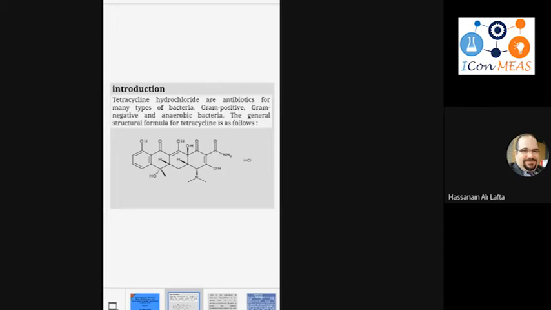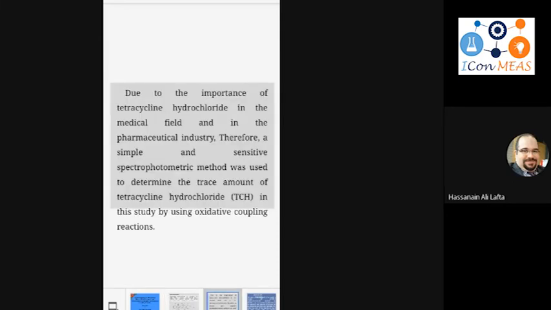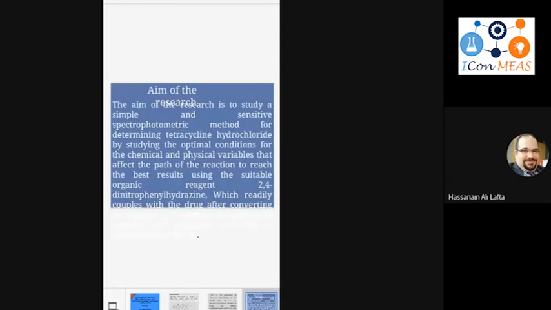The general structural formula for tetracycline is as follows in the scheme. Due to the importance of tetracycline hydrochloride in the medical field and in the pharmaceutical industry, a simple and sensitive spectrophotometric method was used to determine trace amounts of tetracycline hydrochloride in this study by using oxidative coupling reaction.